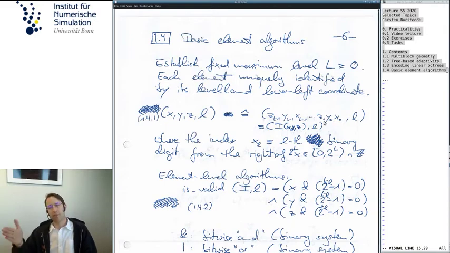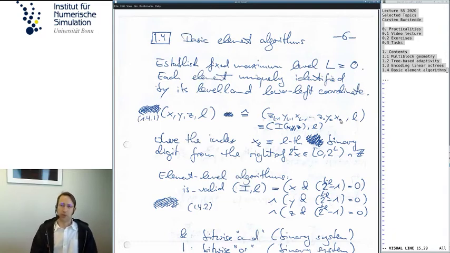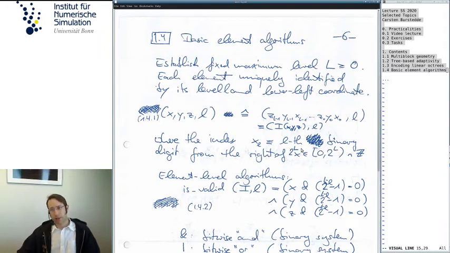The index here is the number of bits from the right. So index 0 means the rightmost bit. Index 1 would mean the bit that corresponds to 2 to the power of 1. Bit number 2 would correspond to 2 to the power of 2. The level needs to be appended, since elements of different sizes can have the same x, y, z coordinates of the lower left corner. We need to know what size we're looking at in addition. This bit string here, let me call this big I of x, y, z.